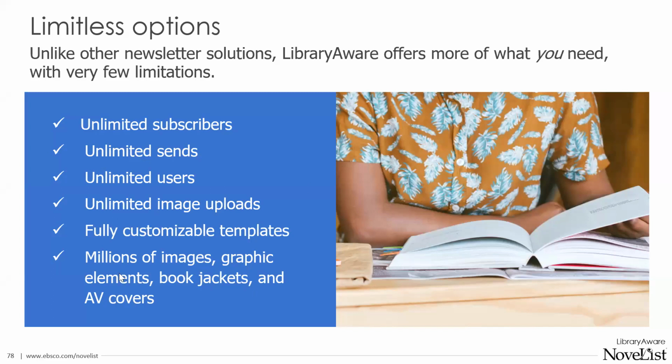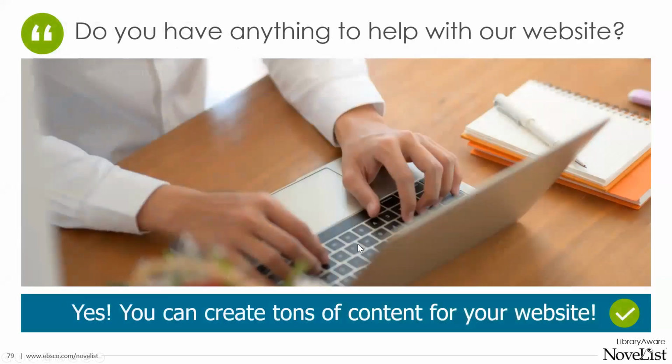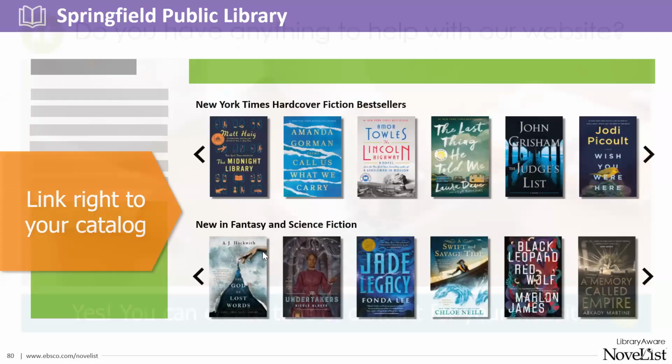All right. So in addition to the emails and the newsletters, there's a lot of other things you can do with Library Aware. You can create content for your website, and you can do that in a couple ways. One is by the book carousels that someone had mentioned they're using. So you can create these and add them in different places on your website. They make nice virtual browsing opportunities.